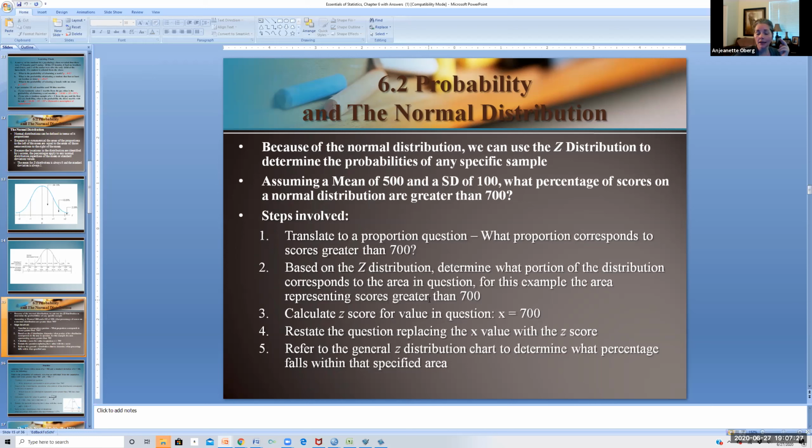Then we have to calculate the z-score that corresponds to the score of interest. Then we're going to have to draw a line exactly where we want it to be. I like to sketch out the thing. So I'm going to say a mean of 500, standard deviation of 100, and it's asking me about the probability of getting a raw score of 700. And I'm going to now just conceptualize it as a z-score.